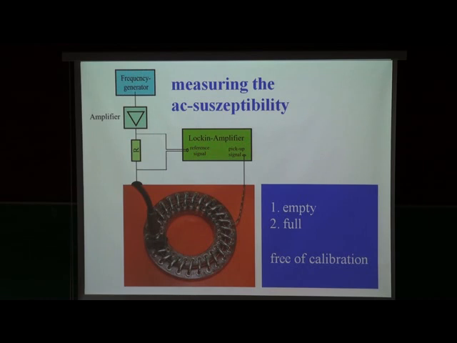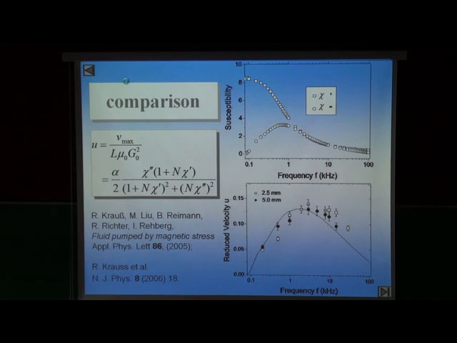We have another torus where you can remove these connections here. And then we have a second coil, which is here in this channel. It's just a winding of some 100 windings. This coil is connected to a lock-in amplifier. And here you have the frequency generator.